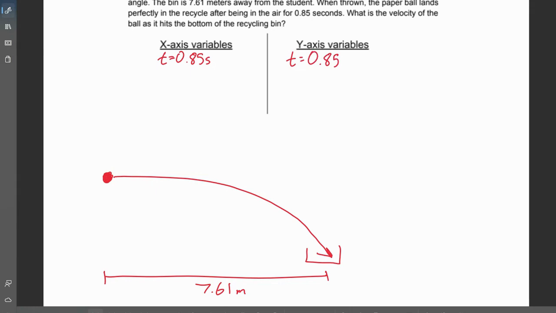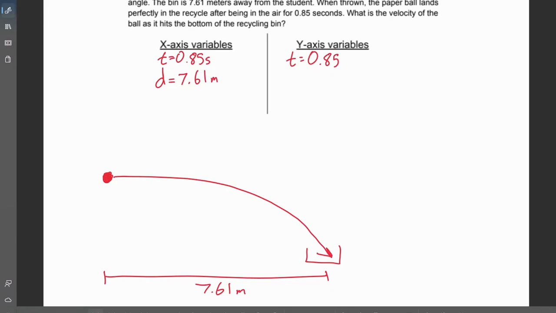Okay, so that's our unknown. We're not quite to that yet. This 7.61 meters, which variable is that going to be? Well, that is going to be our distance traveled in the x-axis, so 7.61 meters, because it's left to right as opposed to up and down.